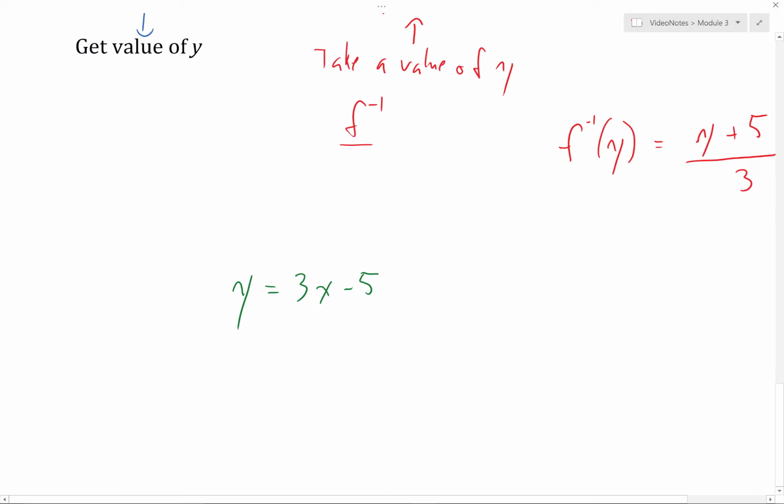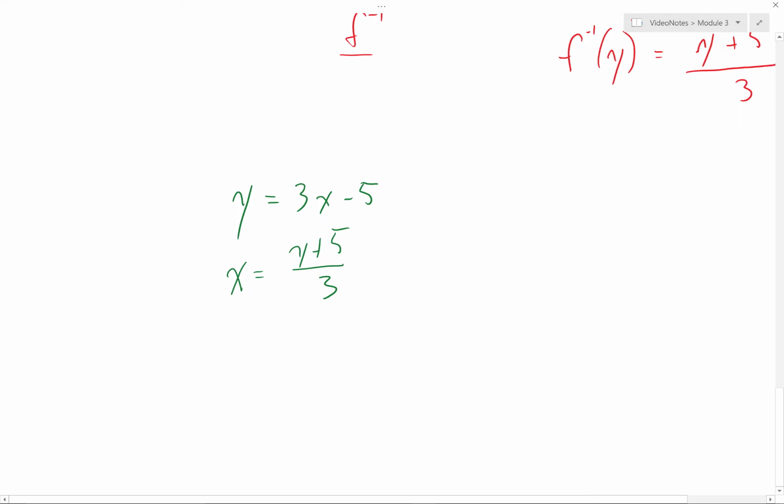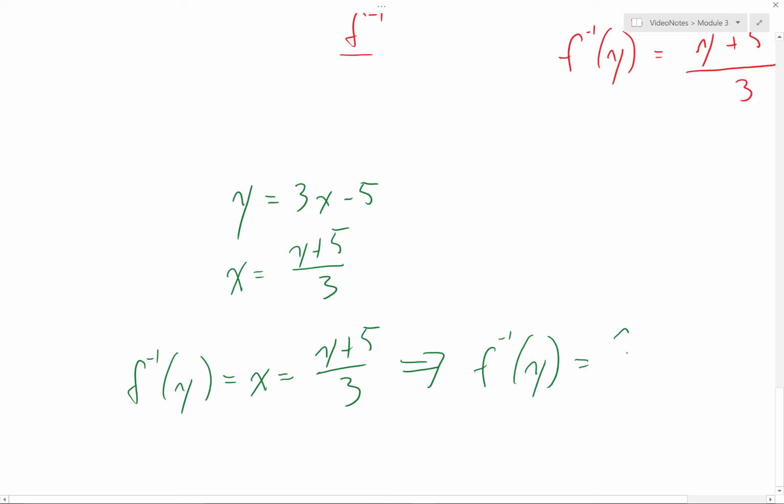If we solve this for x, we do a little algebra and we get x is equal to y plus 5 divided by 3. But we know that f inverse of y should give us the value of x. And we know from our formula that x is equal to y plus 5 divided by 3. So our function formula for f inverse could be solved for algebraically like this.